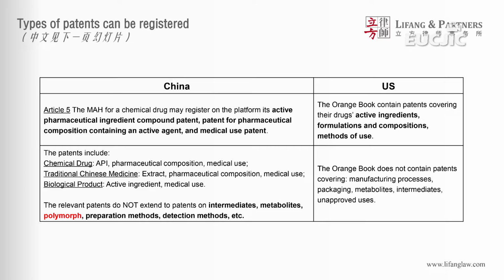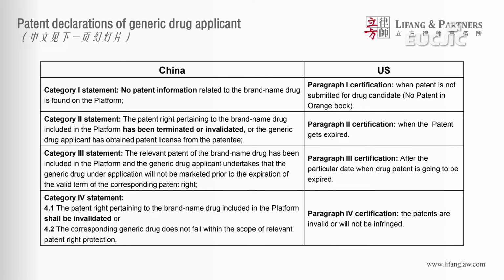In comparison, in the US, you can list this polymorph patent. So if you have a polymorph patent in China, unfortunately, you cannot take advantage of it by filing a patent linkage action.